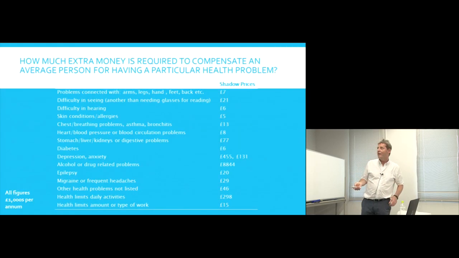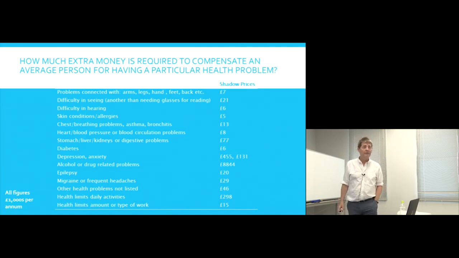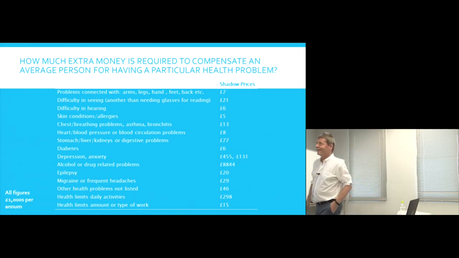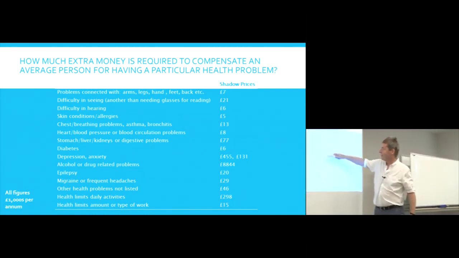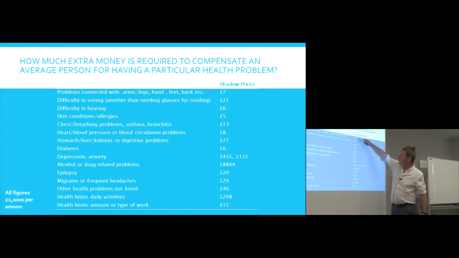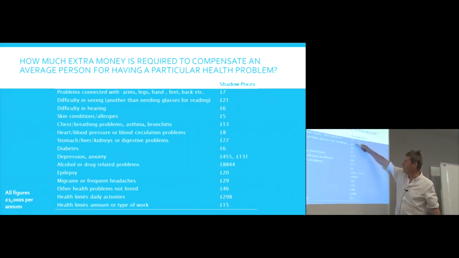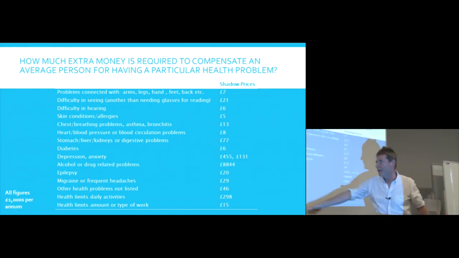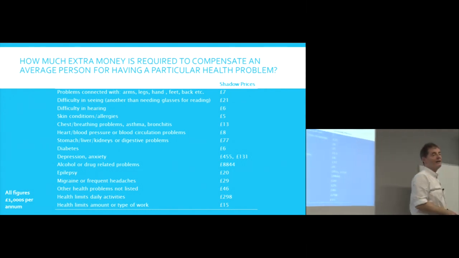So if we look at the results that came out of this, essentially, how much extra money is required to compensate an average person for having a particular health problem, we get some interesting values here. Some of them are quite low, well, in a sense low, 7, 6, 5. All figures are in £1,000 per annum.